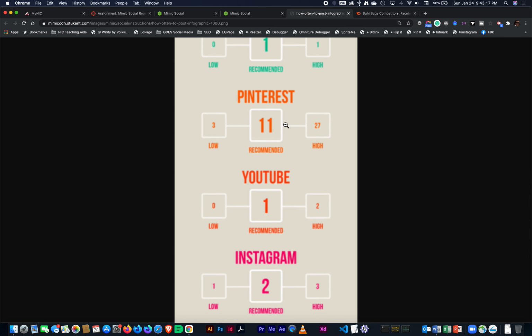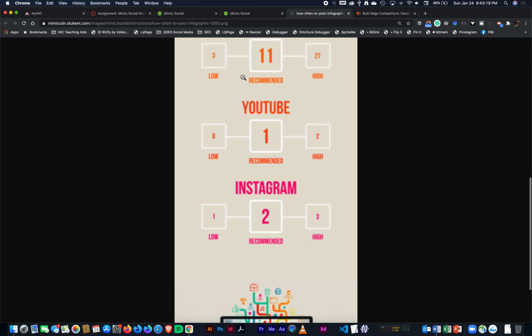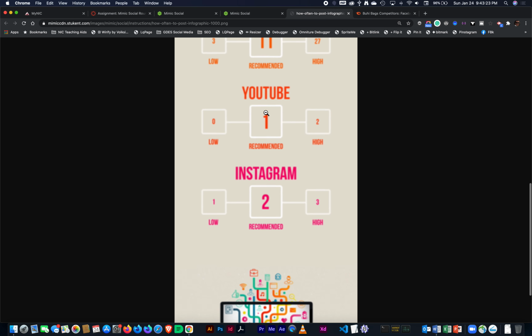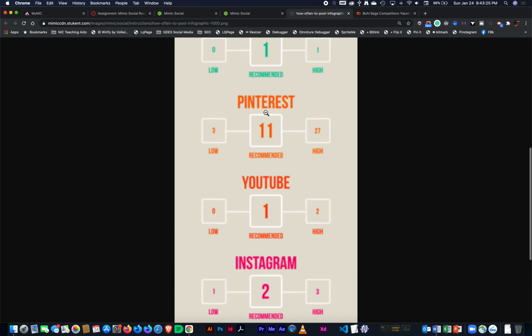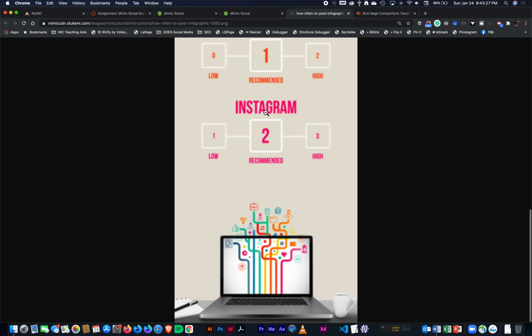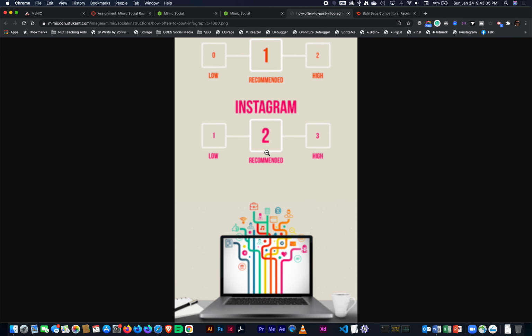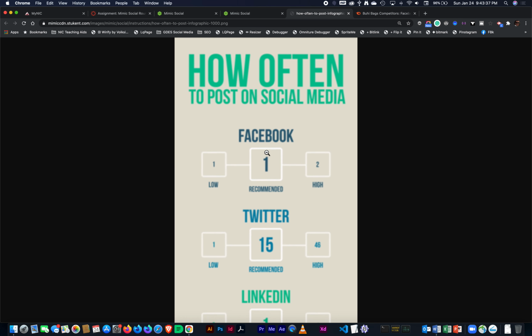Pinterest, pinning content there, 3 at the low end, 11 is recommended. YouTube, recommendation is 1, probably too high with 2. And finally Instagram, recommended posting is about 2.